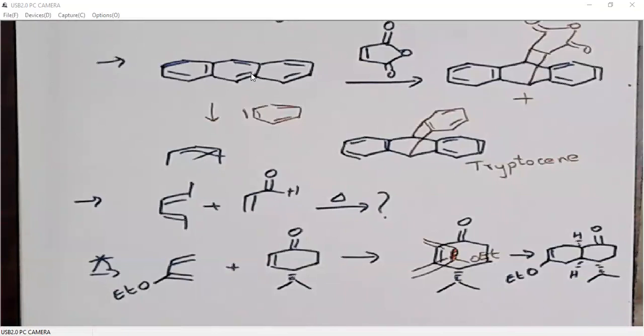Right. I'll give you one more similar example where you can appreciate the endoselectivity.